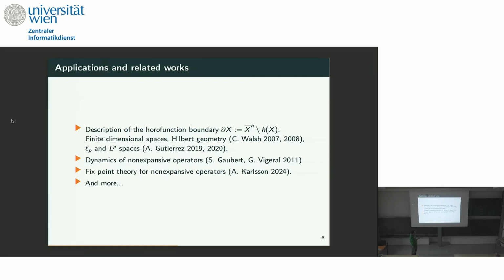This was done by Walsh in 2007 or 2008, and by Armando Gutiérrez in his PhD thesis in Finland. Also, this metric compactification was applied for understanding better the dynamics of non-expansive operators, and also for fixed point theory of non-expansive operators recently, last year. And it has many other applications; there is a lot of literature in this respect.